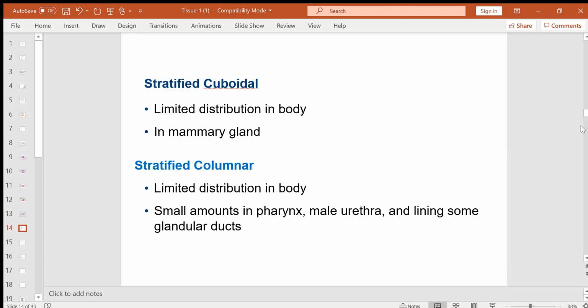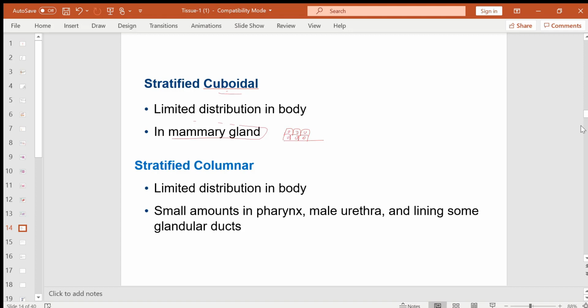Stratified cuboidal is only present in very few structures. The stratified cuboidal is found in the mammary gland, that means in the female breast. You have stratified cuboidal, that means multiple layers in the cuboidal epithelium. Okay.